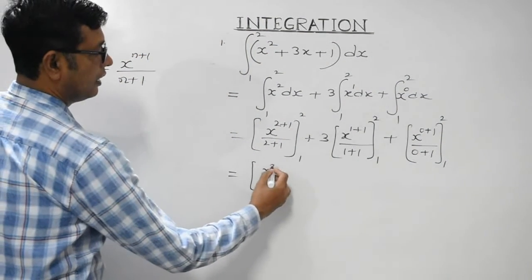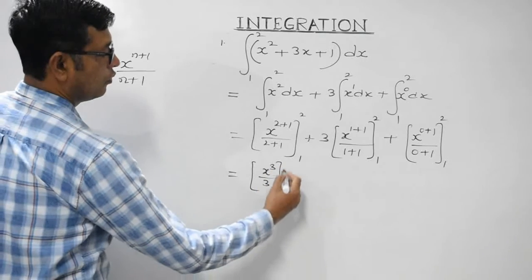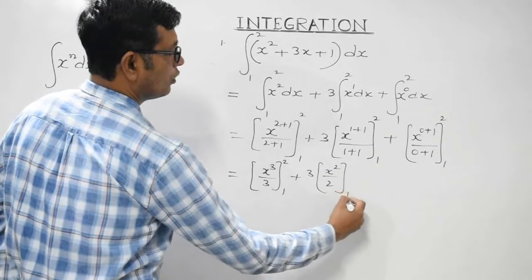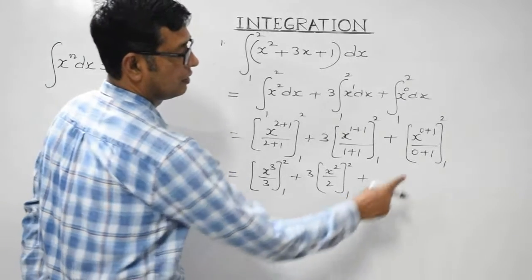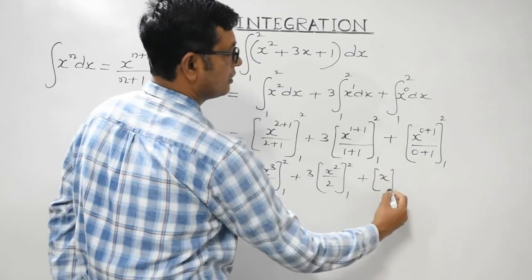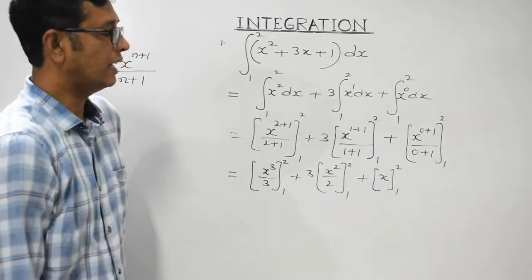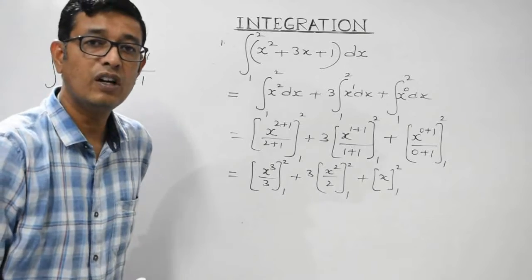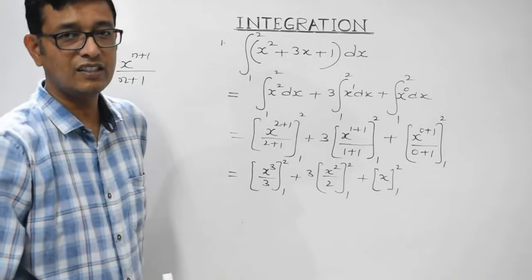So what do you get? x cube by 3, 1 to 2, plus 3 times x square by 2, 1 to 2, plus x to the power 1 divided by 1, simply we get x, 1 to 2. So directly remember, integration of dx is x, integration of dy is y, integration of dz is z.